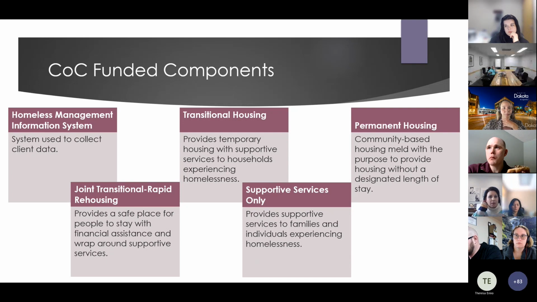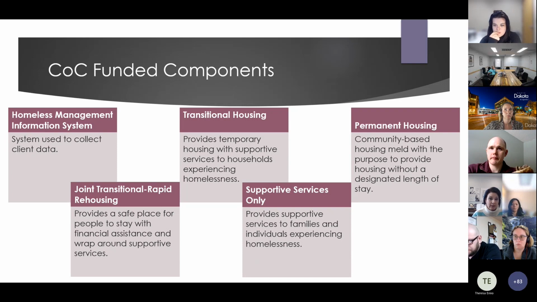Thanks, Heather. So, the COC funding components that can be covered, I mentioned this a little earlier, but I'll go over them in a little more detail. The Homeless Management Information System, or HMIS, is the system that we use, and HUD requires us to use HMIS to collect client level data on the delivery of housing services to program participants.